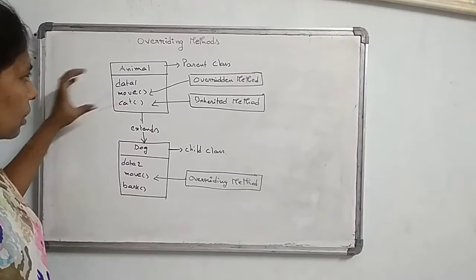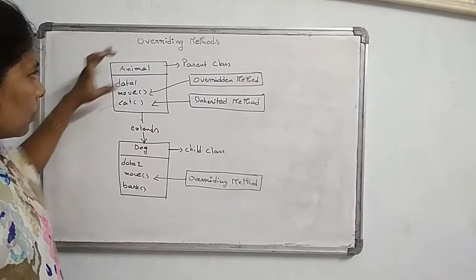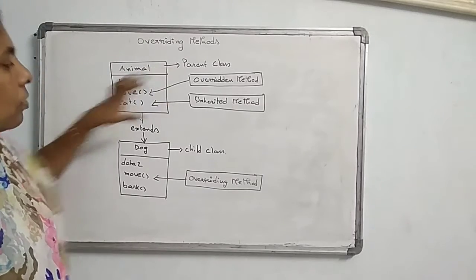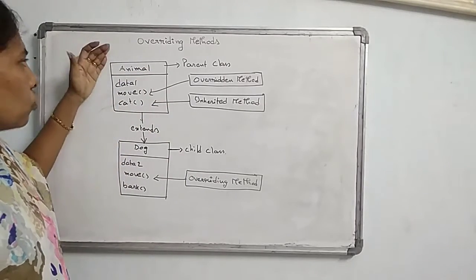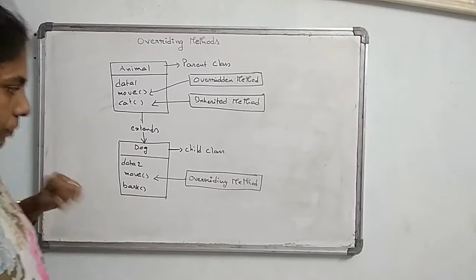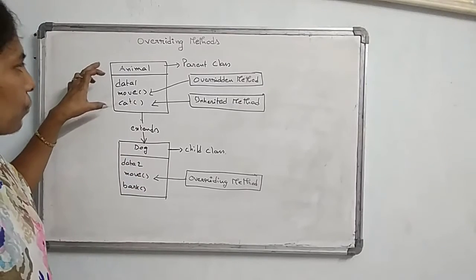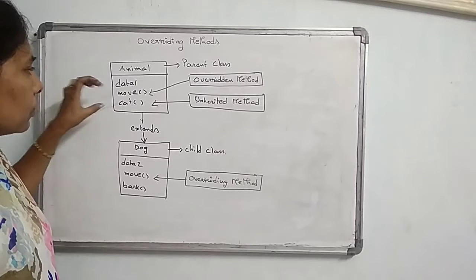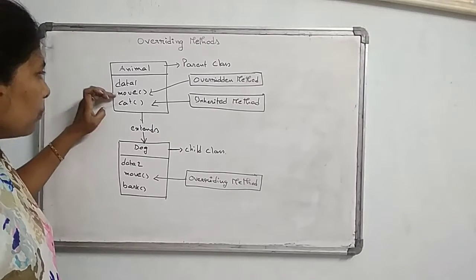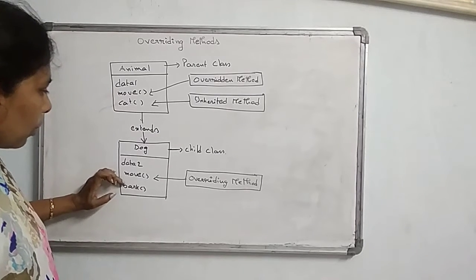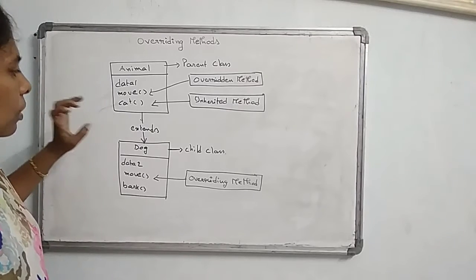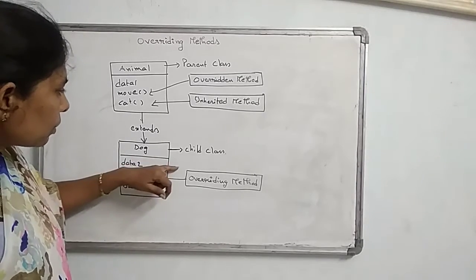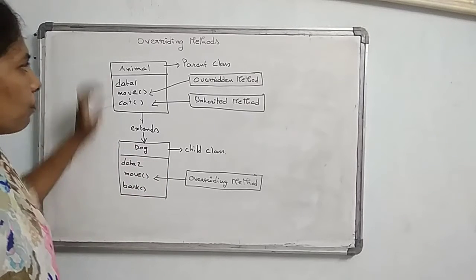Animal is the parent class and Dog is the child class. This is the superclass and this is the subclass. We are observing the move method. The move method in Animal is similar to the move method in Dog, that means the methods are the same. So the child class must access the move method of the parent class.